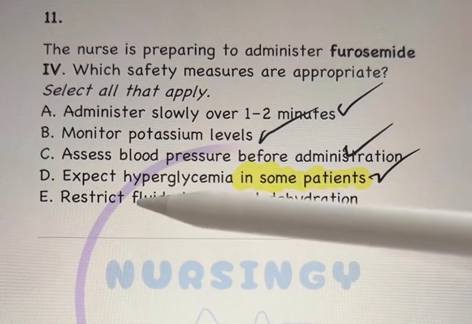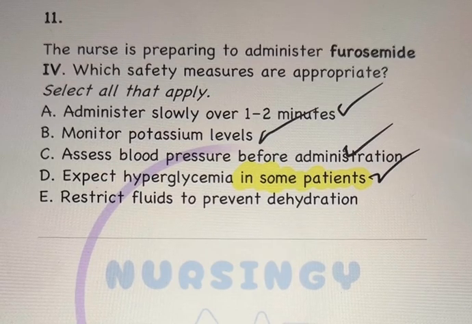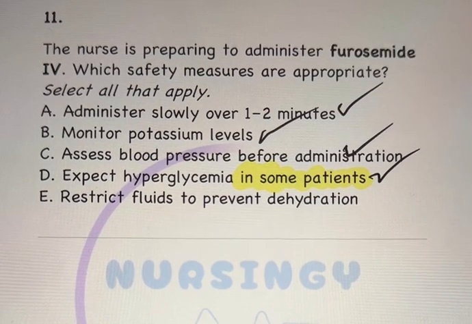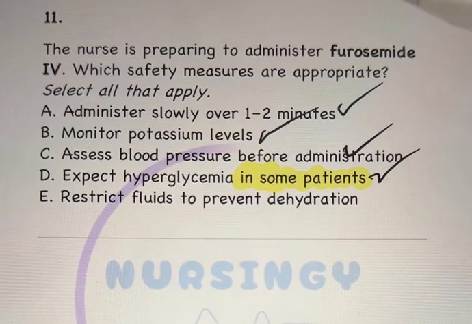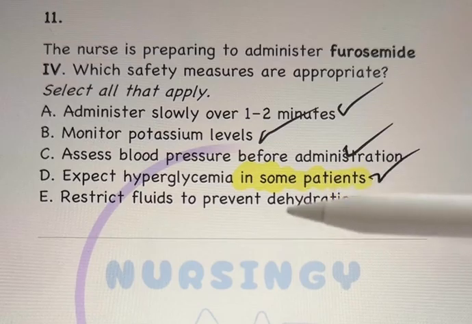Okay, do we need to restrict fluid to prevent dehydration? Thank you guys for double tapping. No, we don't need to restrict fluid because we are giving furosemide to reduce the excess fluid in the body. So we don't want to restrict fluid.